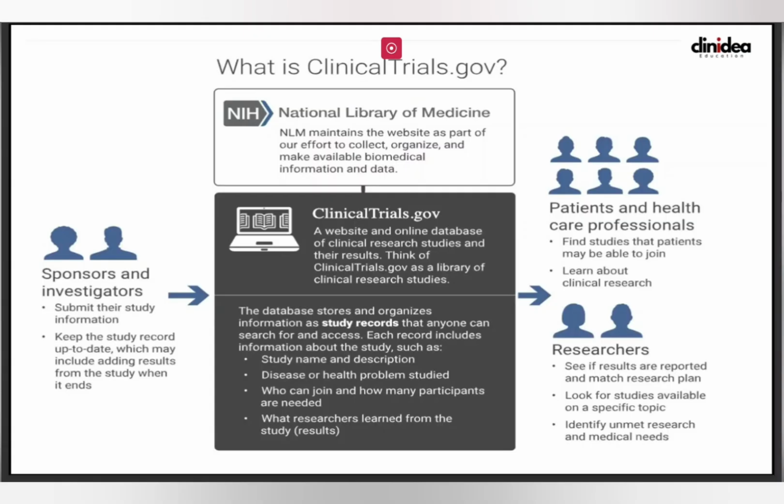Then comes the sponsor and investigator. We already know the sponsor is a pharma company or institution, and the investigator is the doctor or researcher who's conducting the trial. They are the main contributors of information to clinicaltrials.gov because they are the authority. They have the authority to register the trials on the site, and whatever data comes from them would be true as per our knowledge.